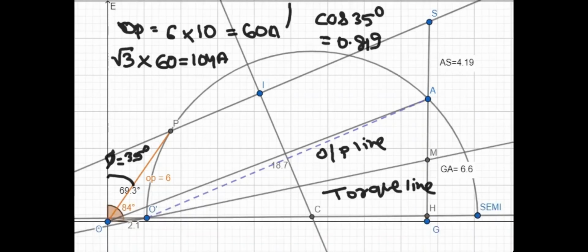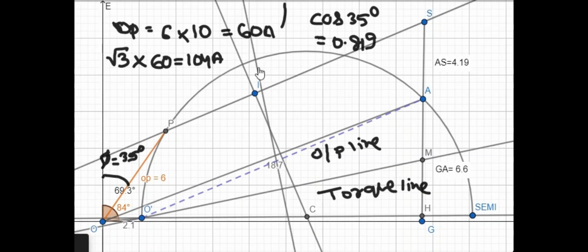To get the maximum torque, we have to bisect the torque line, and the intersection point with the semicircle will be J. Now after drawing a line parallel to the x-axis, the intersection point will give you the maximum torque.